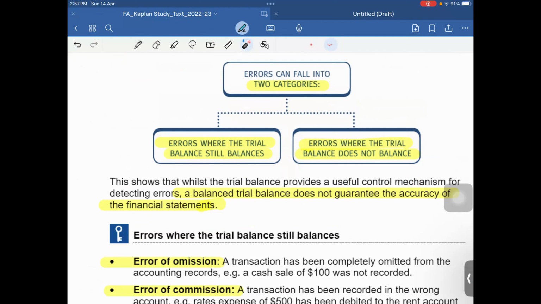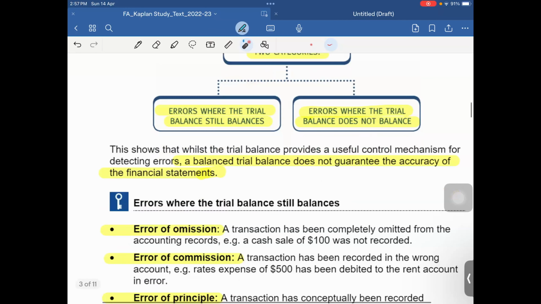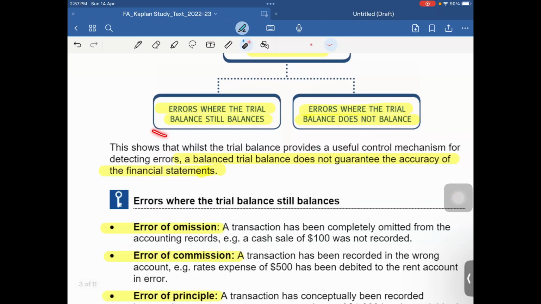The second type of error is when your trial balance wouldn't agree, that is, the debit and credit columns wouldn't agree with one another.